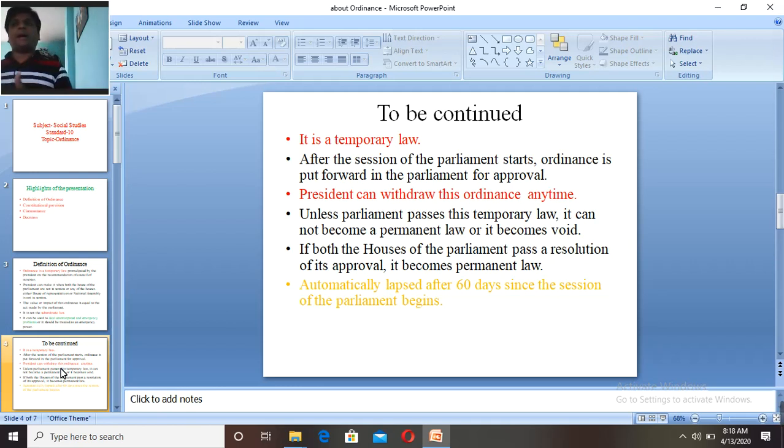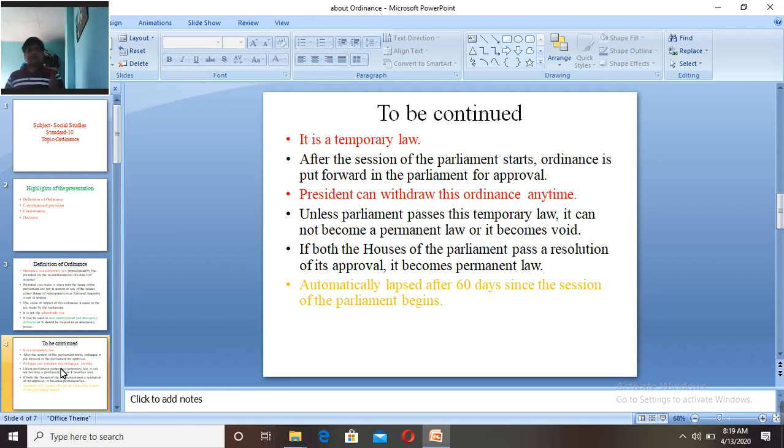If parliament finds the ordinance is really useful for the nation, it can be used for future purposes when parliament passes it. If both the houses of the parliament pass the ordinance, it becomes a permanent law of the nation.